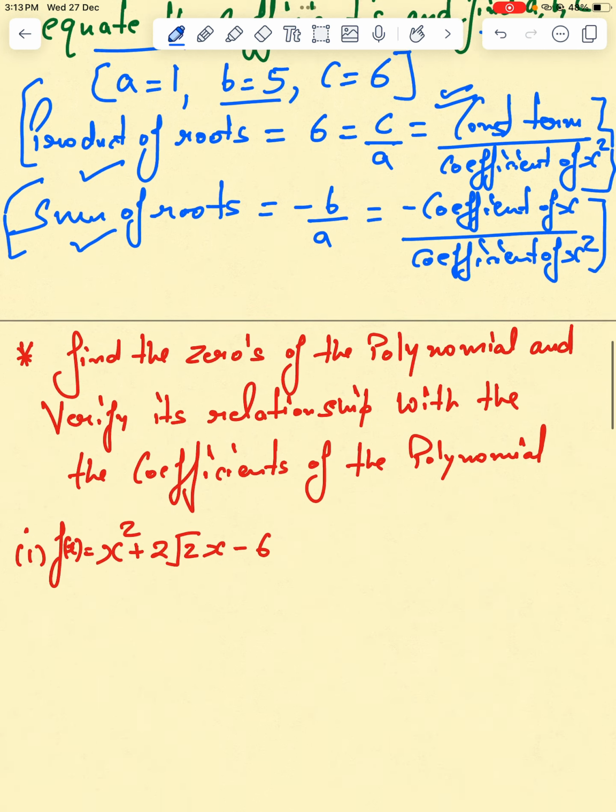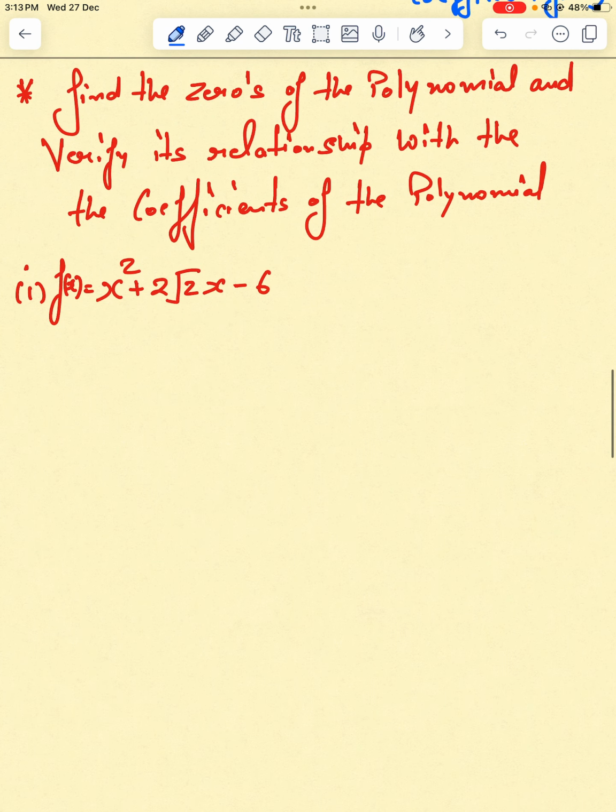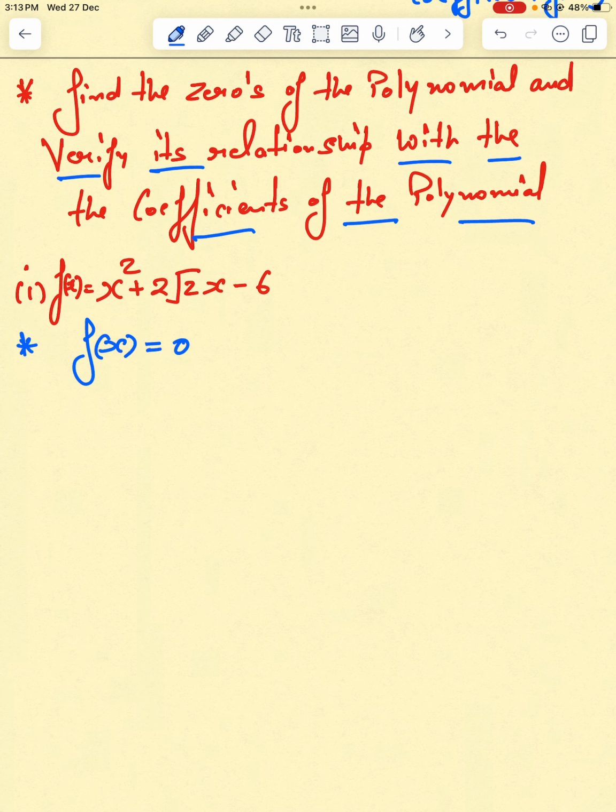So now the next point of discussion is find the zeros of the polynomial and verify its relation with the coefficients of the polynomial. Now we will have one more example, that is x square plus 2 root 2 x minus 6. So our first step is put f(x) equal to 0 in order to find the roots of the polynomial.